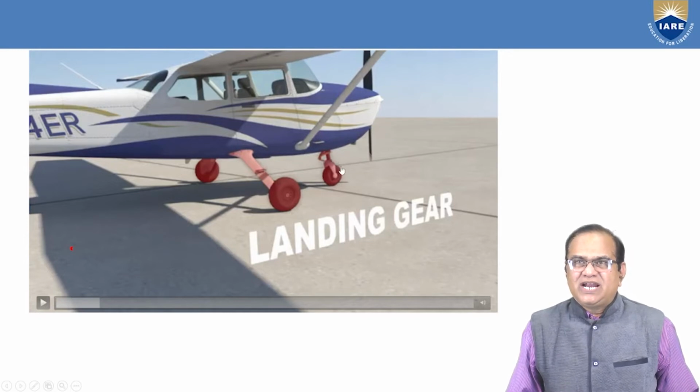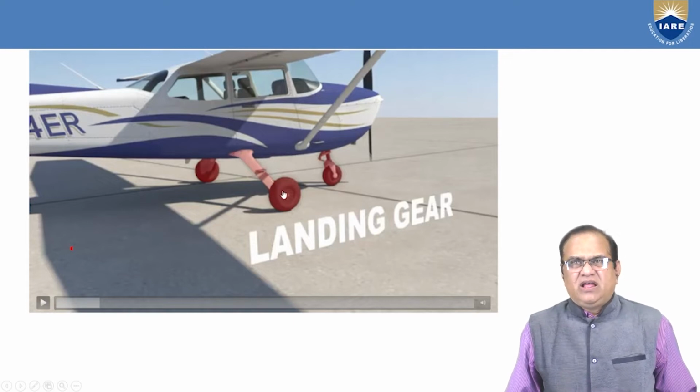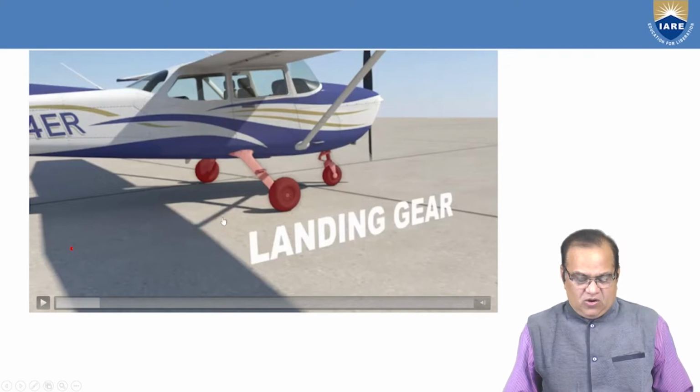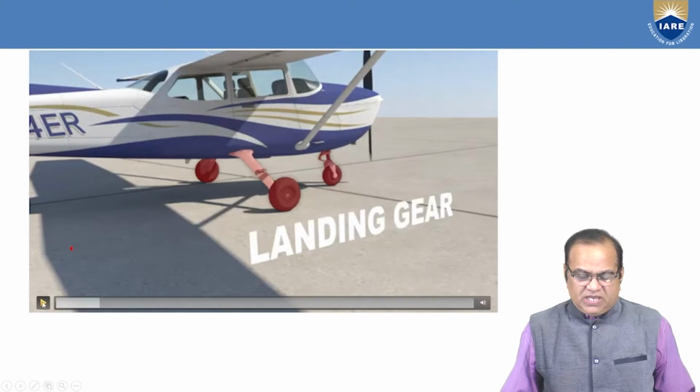We have one nose landing gear and two main landing gears, and these are the oleo struts where a hydraulic device is fitted, and these are the wheels. There is a hub. These wheels are also equipped with brakes. These brakes are operated by the pilot sitting in the cockpit, and we can see how this aircraft is working.